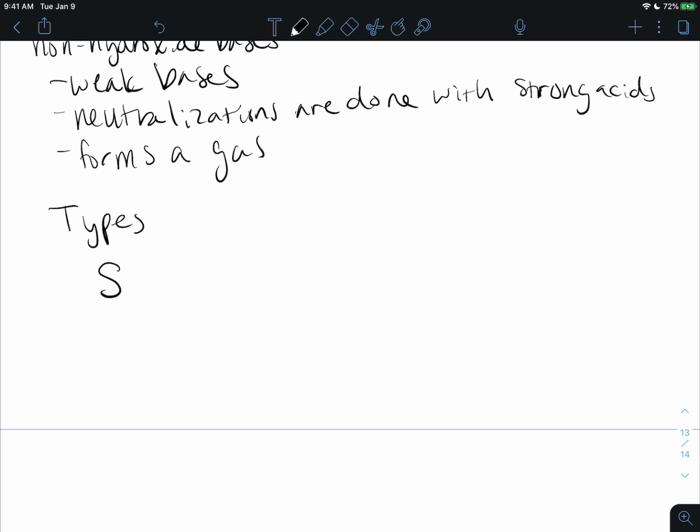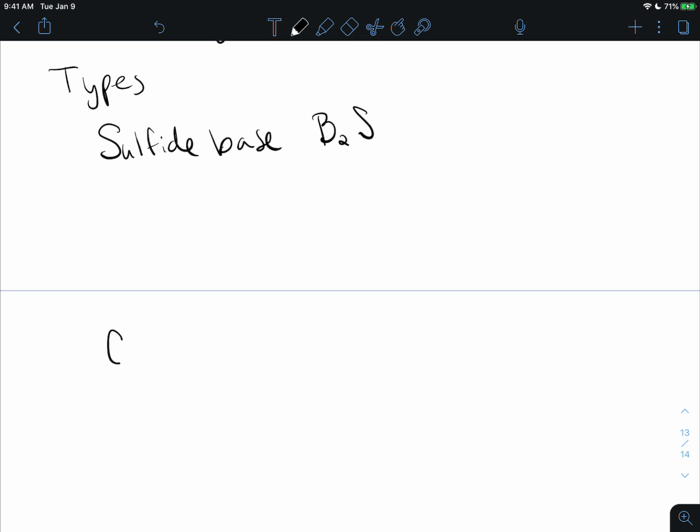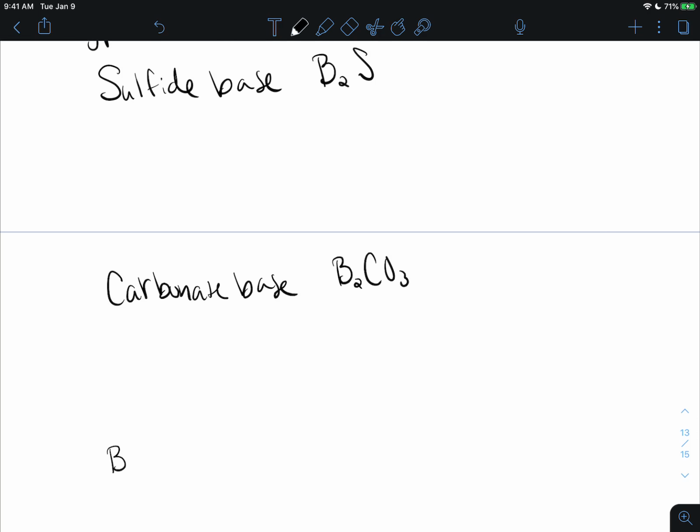We're going to include a sulfide base. So a sulfide base is some cation with sulfur. Then we have a carbonate base, which again is going to be some cation with our carbonate ion. And then we have a bicarbonate base, which is going to be some cation with bicarbonate or hydrogen carbonate.